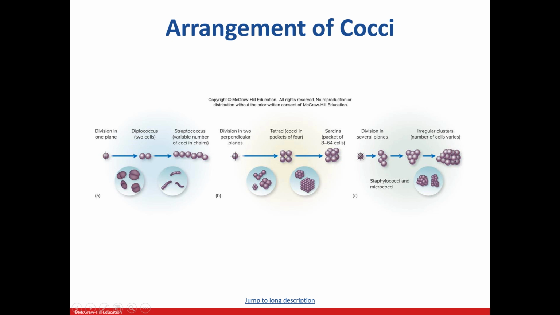If they divide in one plane, we will see a diplo or a strepto arrangement. With division in 2 planes, we see a tetrad or a sarcina arrangement. And we get a staph arrangement with divisions across multiple planes.